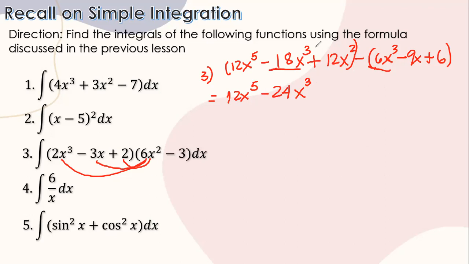Then x squared is alone: plus 12x squared. For x, negative times negative is positive 9x, and then minus 6.